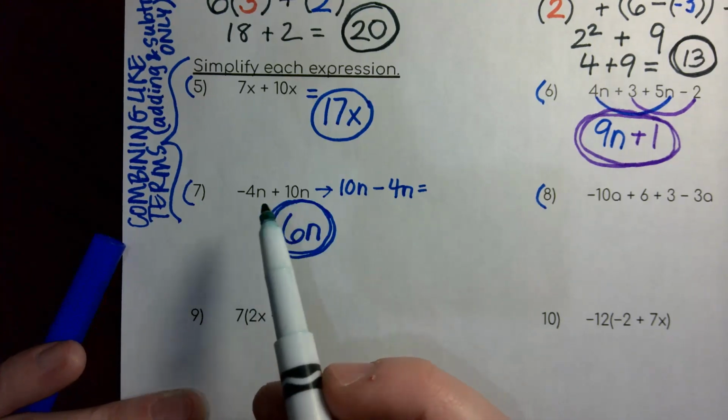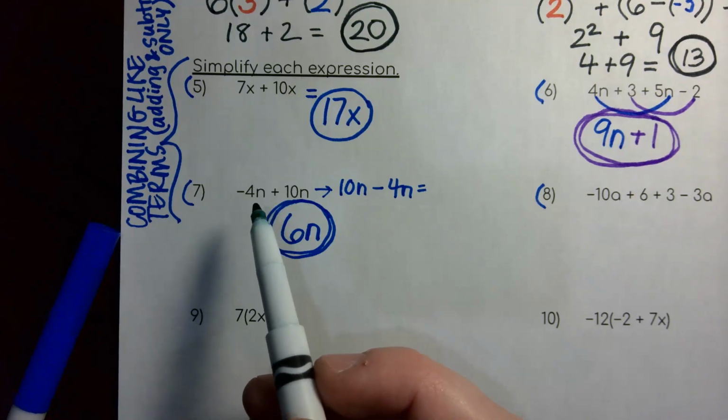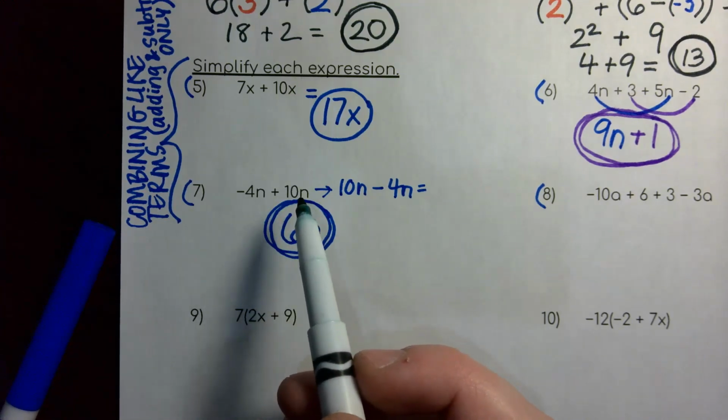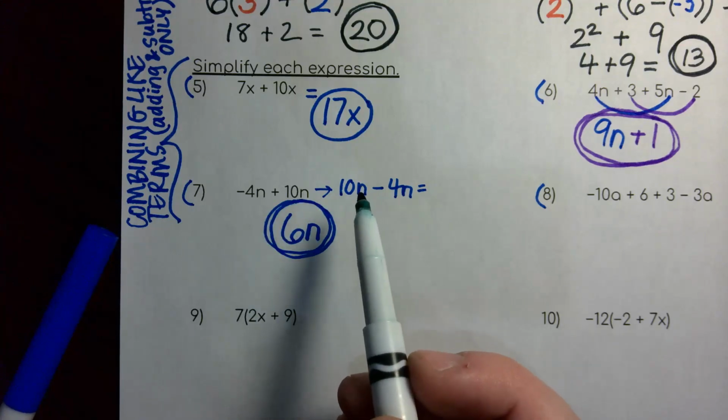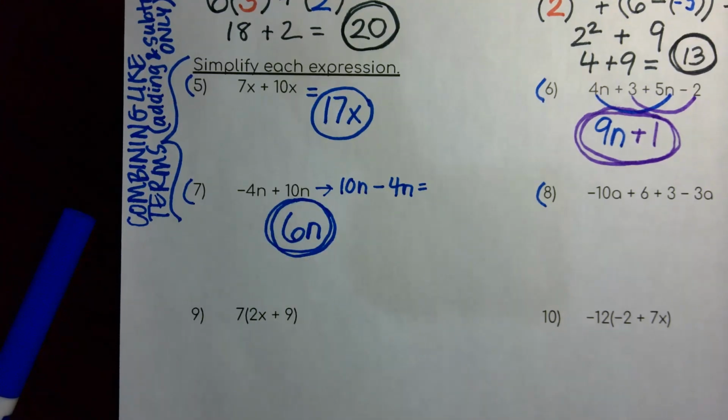Because when you add a negative, the value doesn't get bigger. It actually decreases it. It makes it smaller. So we're really just doing 10 minus 4. And that's going to leave us with 6n.